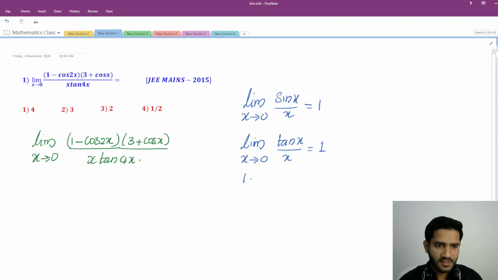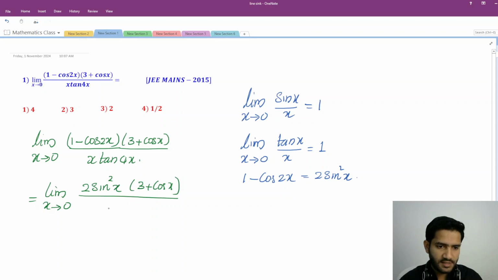We know the result: 1 minus cos 2x is equal to 2 sin square x. So first of all we can convert 1 minus cos 2x to 2 sin square x. Again here we have 3 plus cos x, divided by x tan 4x.